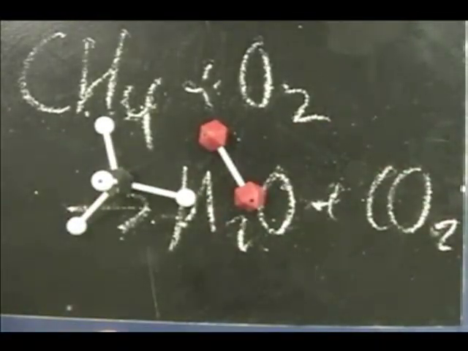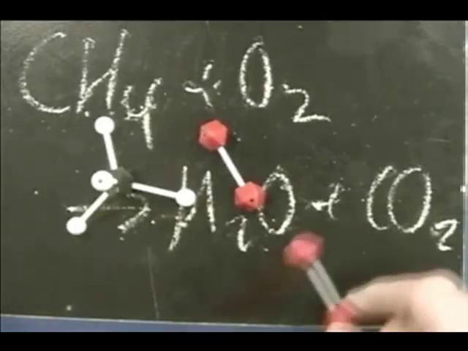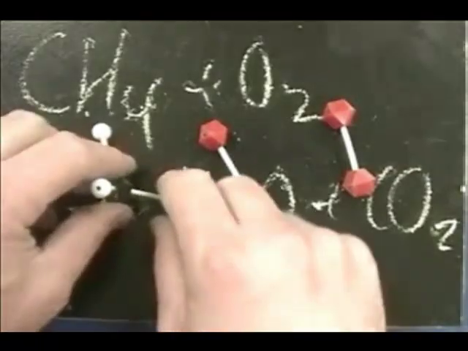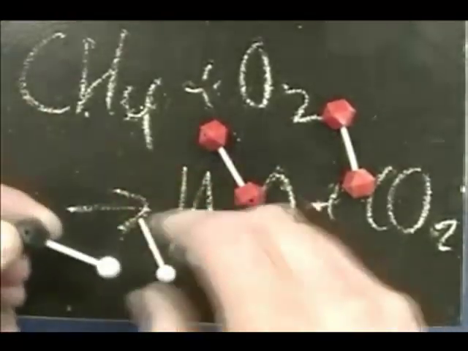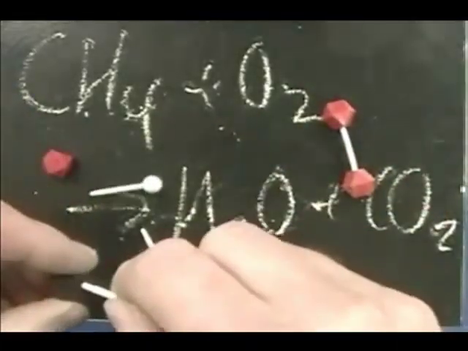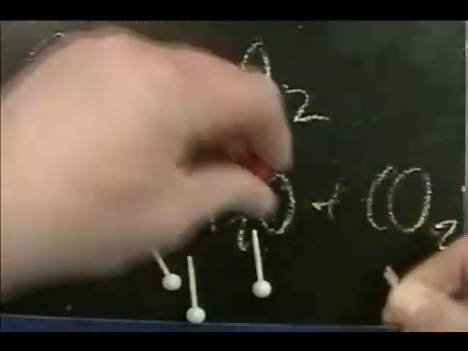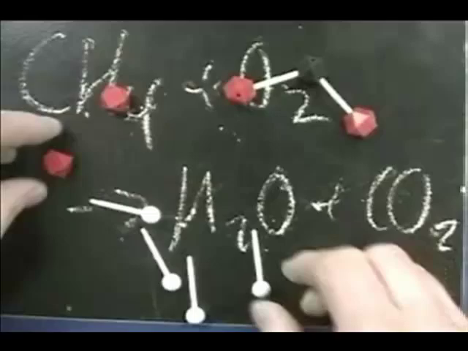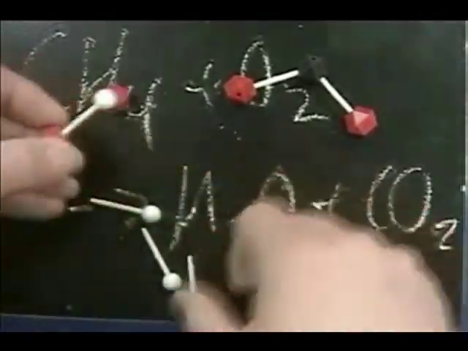I know that I needed more oxygen to make the water that I was missing in the last try, so I'm going to add another oxygen molecule and see if this will work. There's my carbon dioxide, and now I have 2 oxygens left over.